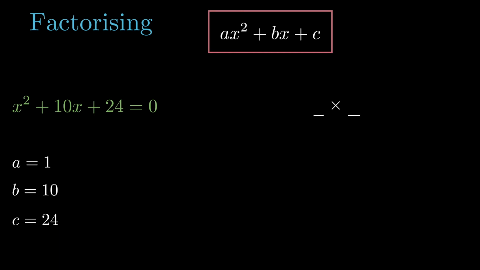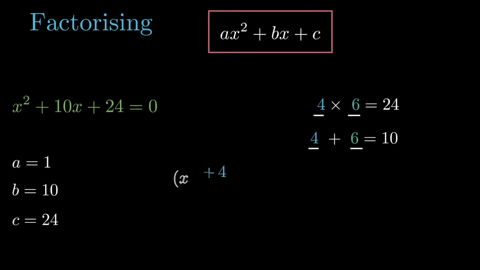So we must find two numbers that times to give us c, which is 24, and the same two numbers that add to give us b, which is 10. So if you have a go, the answer you guys should get is 4 and 6. 4 times 6 equals 24, 4 plus 6 is equal to 10.